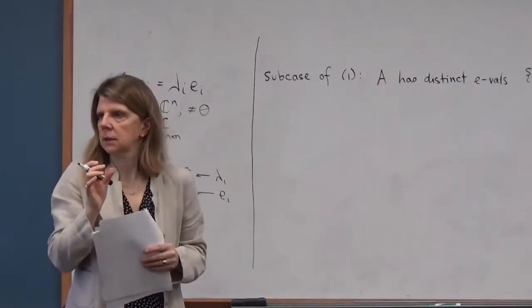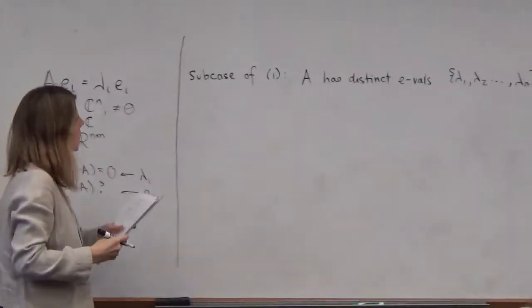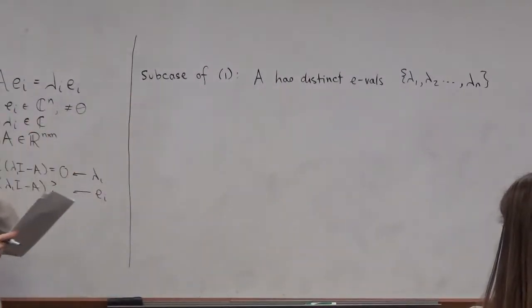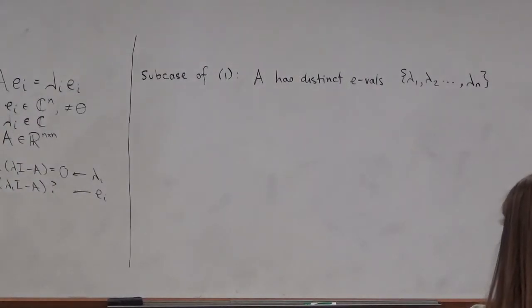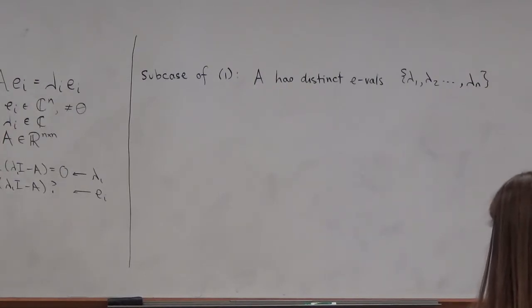The subcase we start with is that A has distinct eigenvalues, and we're going to prove that in this case A has n linearly independent eigenvectors.